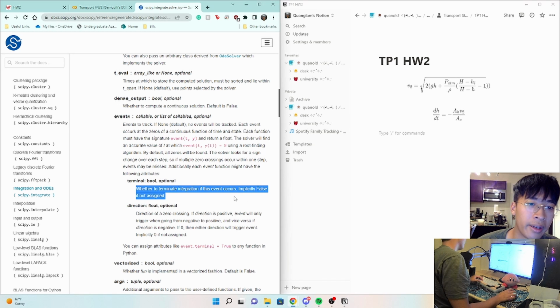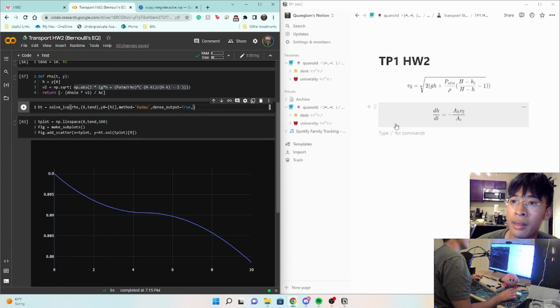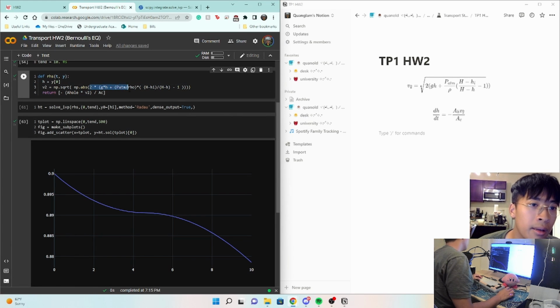It's implicitly false if not assigned. So we want to define an event, right? Again, we would like to see whether or not this event goes to 0 right here. This mathematical equation goes to 0.